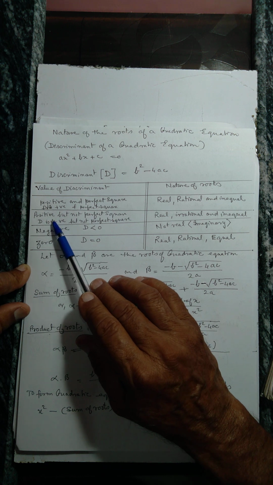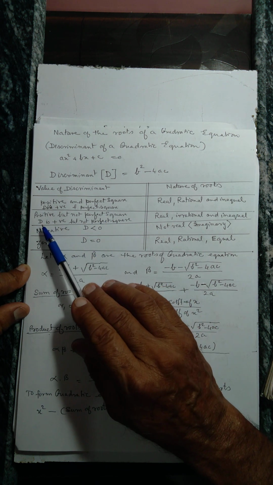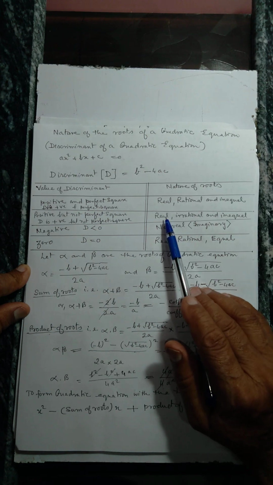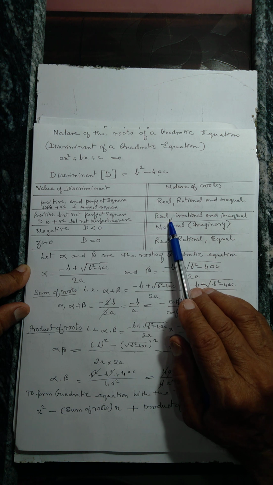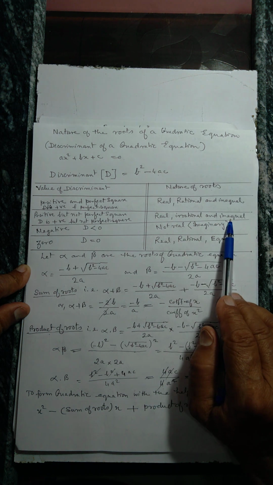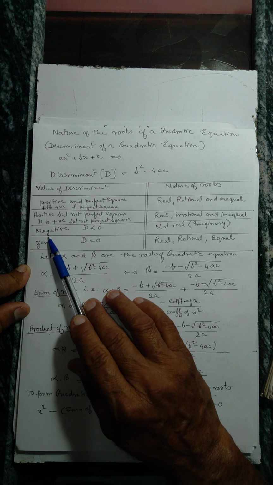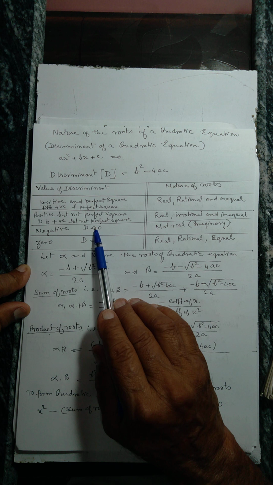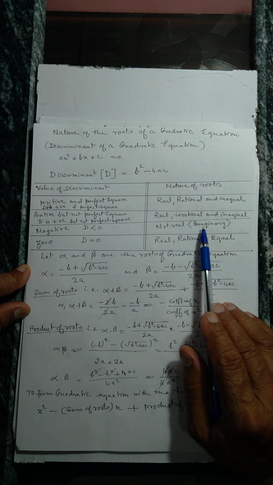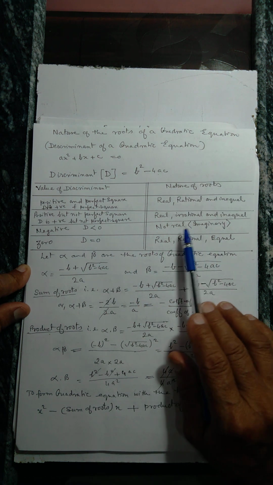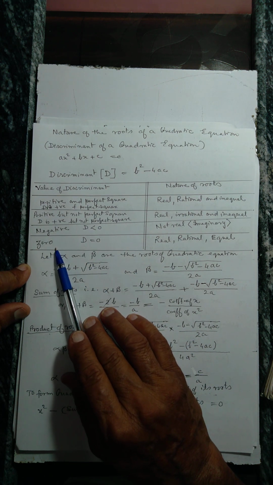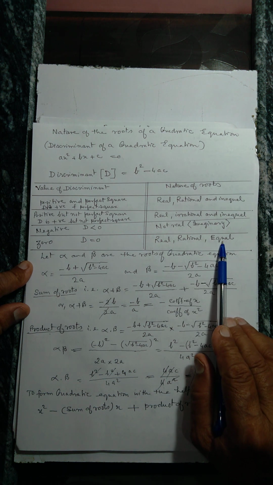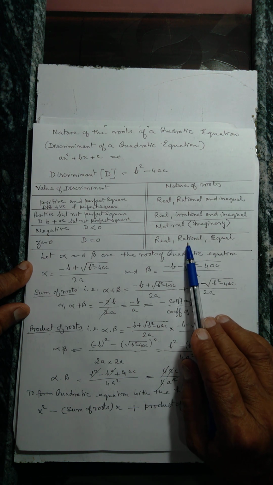If the discriminant is positive but not a perfect square, the nature of the roots will be real, irrational and unequal. If the discriminant is negative, means D is less than 0, at that time the roots are not real, imaginary. If it is equal to 0, the roots are real, rational and equal.